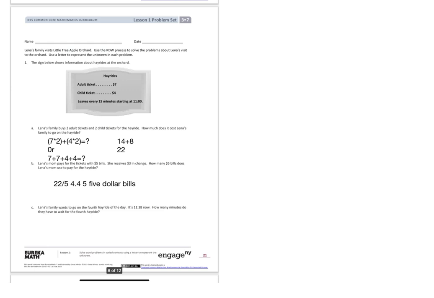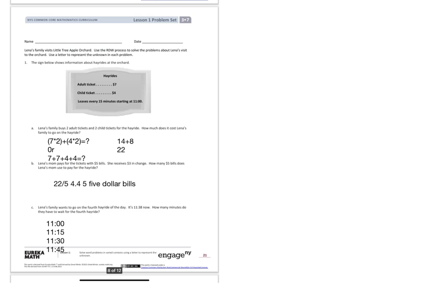The last question is, Lana's family wants to go on the 4th hayride of the day. It's 11:38 now. How many minutes do they have to wait for the 4th hayride? So starting at 11 o'clock, the hayrides leave every 15 minutes.